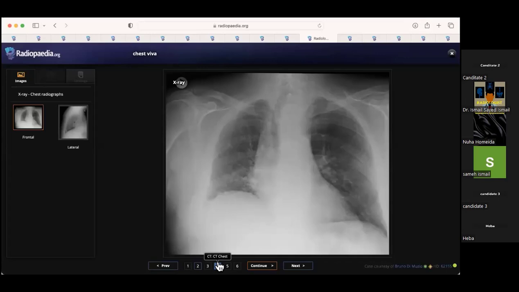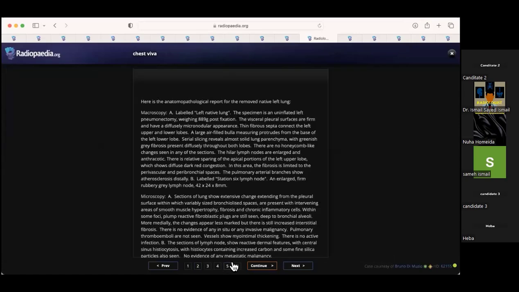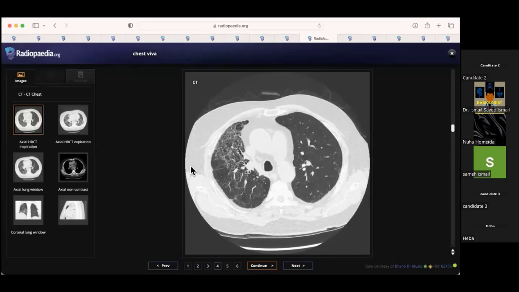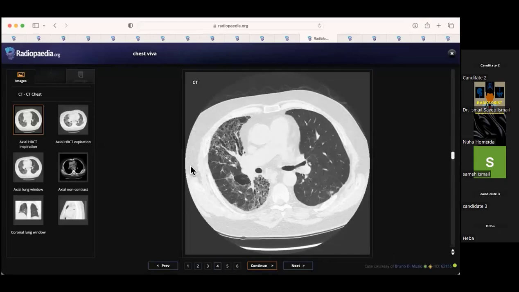Well done. So this is just a UIP. This is a favorite in the exam. UIP, you'd expect it to be bilateral, but this is unilateral, because this patient did have a lung transplant. Going to the CT, you can see the honeycombing very clearly, and honeycombing is highly specific if it involves more than 5% of the lung volume.